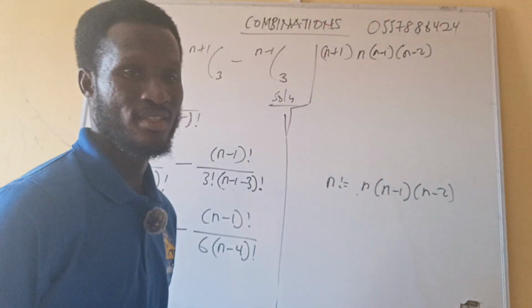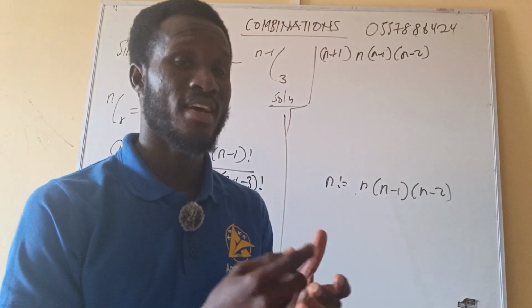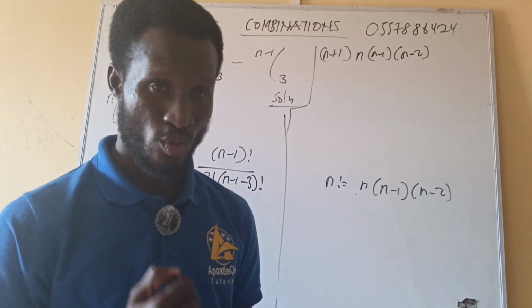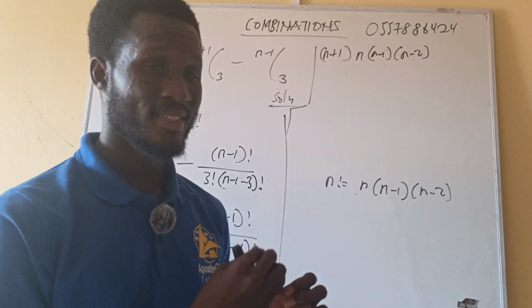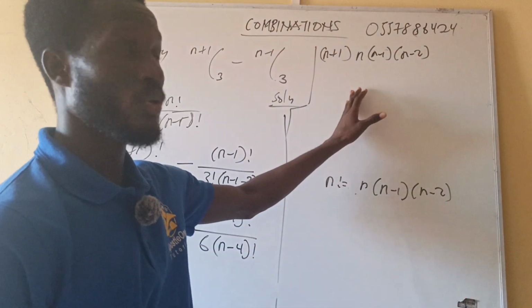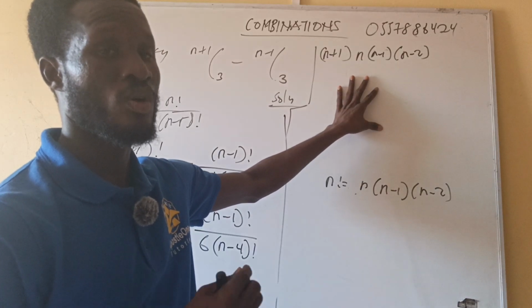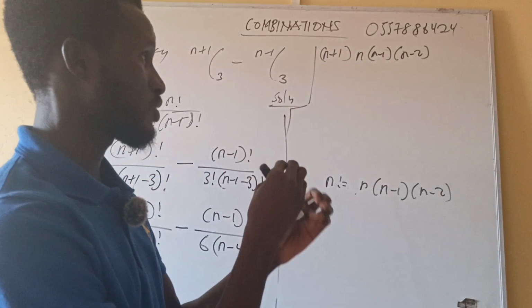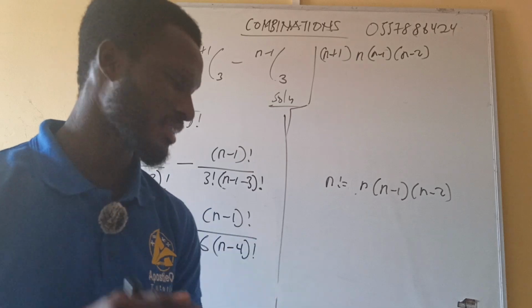Another 1. If this is the first time you are visiting my channel, go and watch the previous videos on permutation and combination so that you know what we are doing here, because I'm not going to show the subtraction.